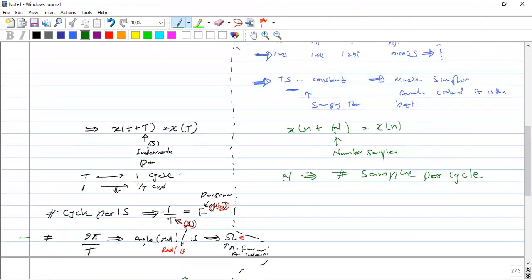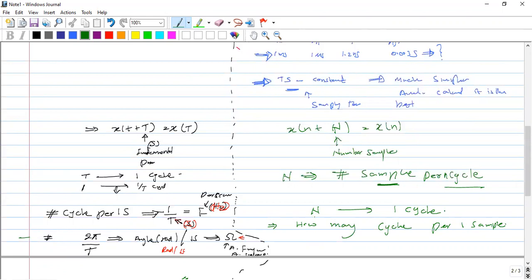So what is this? N is the number of samples per one cycle. So N represents one cycle. If you want to find how many cycles per one sample, how do you find it?